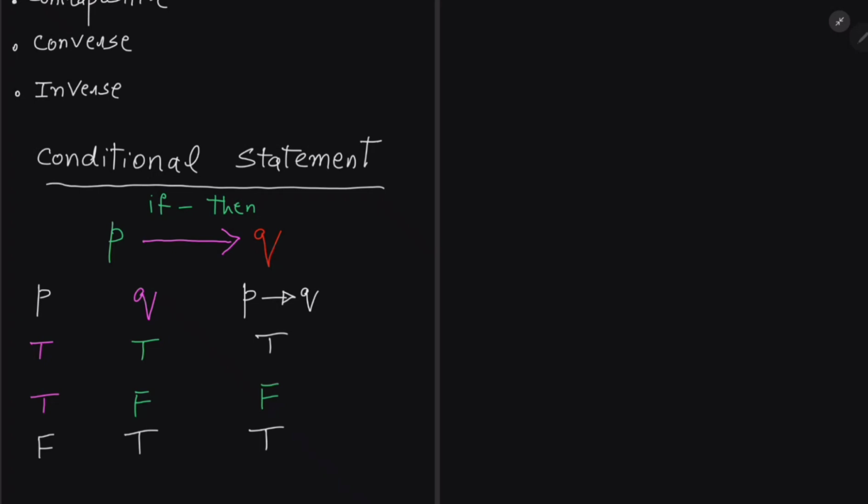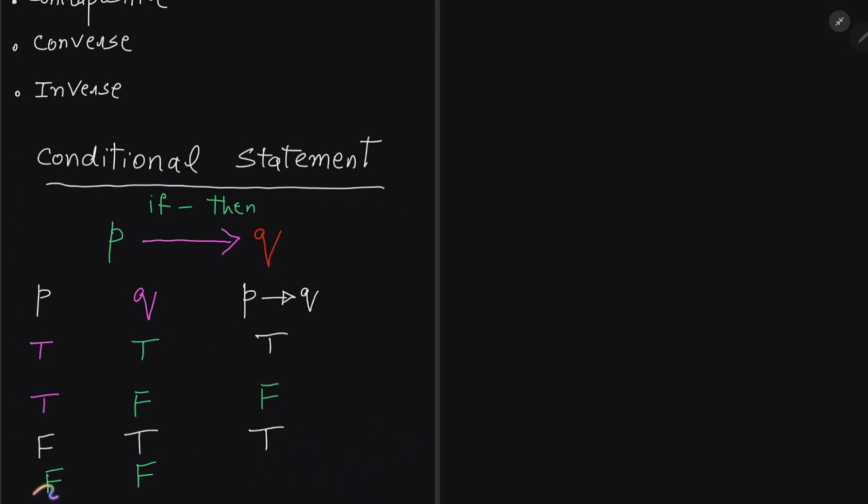Now this is very interesting. If the P statement is false and the Q statement is also false, then what will happen? Now the student thinks, or maybe if you are watching, then you also think that the result will be false. But this is not the case.